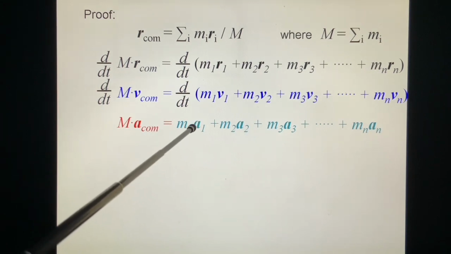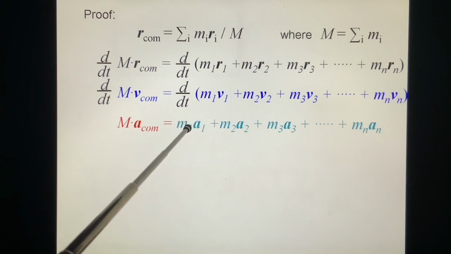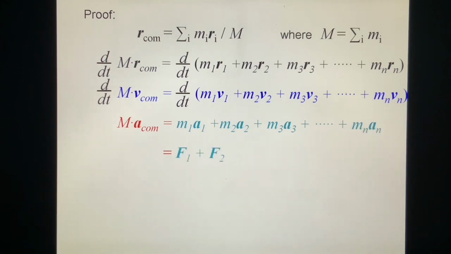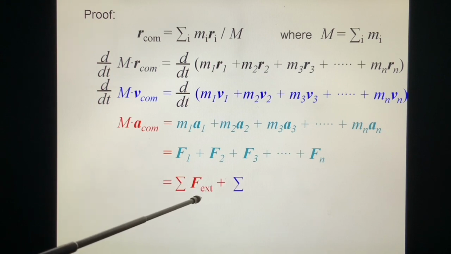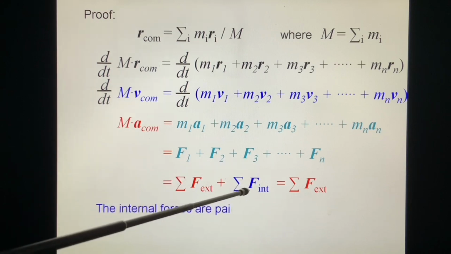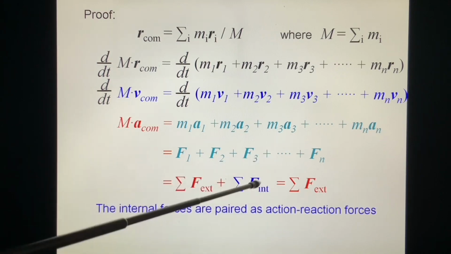What is this? This is sigma F acting on m1, and this sigma F includes two parts, external force and internal force. We put these forces together, including internal and external forces, and sum them: sigma F external plus sigma F internal. As explained before, sigma F internal of a system is equal to 0.